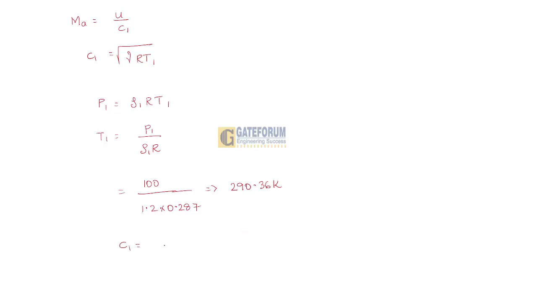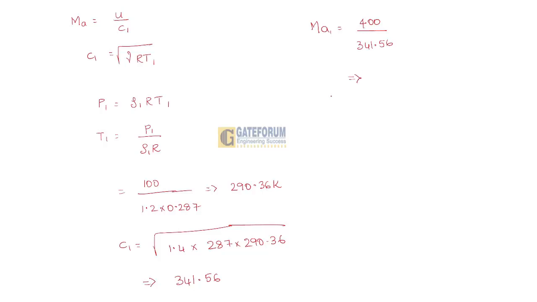Now C1 is equal to root of gamma 1.4, R 287, into 290.36 Kelvin, where you end up with an answer of 341.56. So the Mach number will be 400 divided by 341.56, which is 1.017.